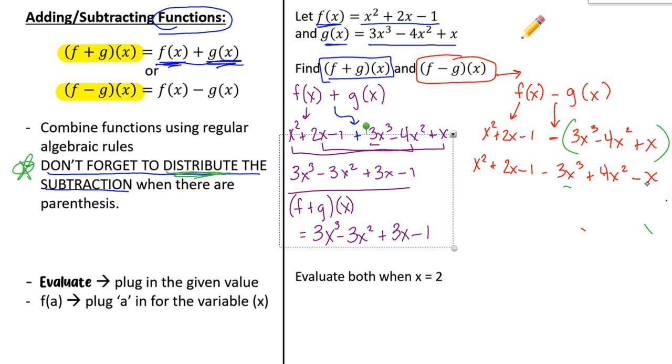And again, to add and subtract polynomials, you look for similar terms. These guys, these guys. So it's going to be negative 3x cubed. This time we have plus 5x squared plus 1x, and then minus 1 at the end. So this one right here is f minus g of x.